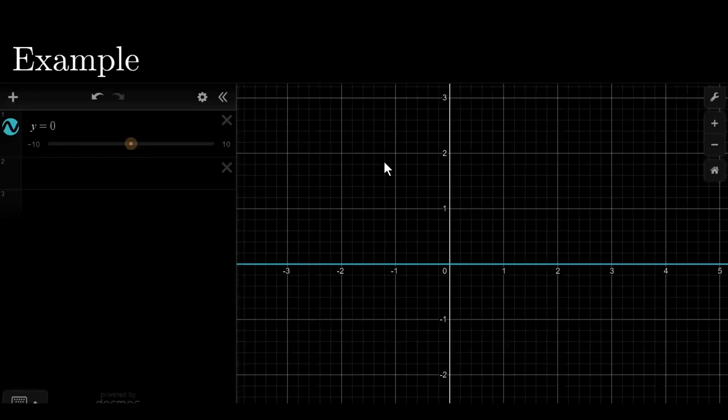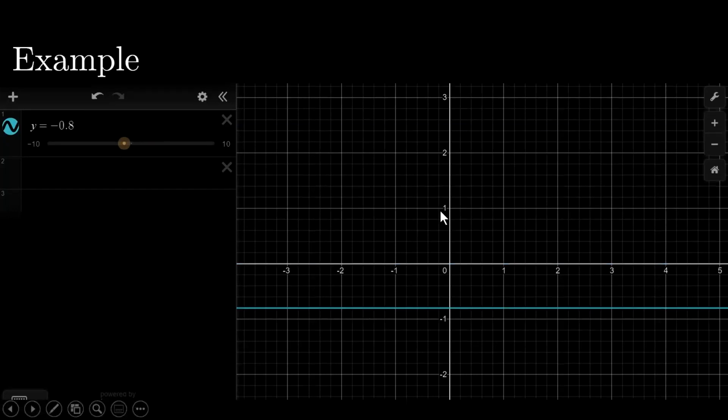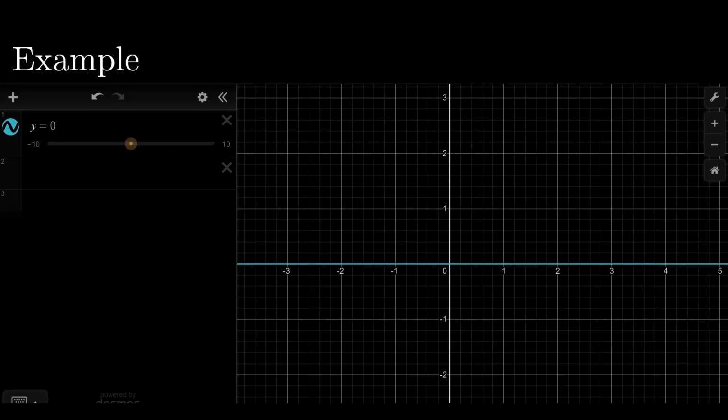Okay, and so here's an example. If we have the vector space R2, and this is Desmos, we have the subspace which is just all of the pairs for which the y coordinate is 0. Yeah, dark mode. And so we can move this line up and down. This is kind of like an offset of the subgroup, which is the real line.